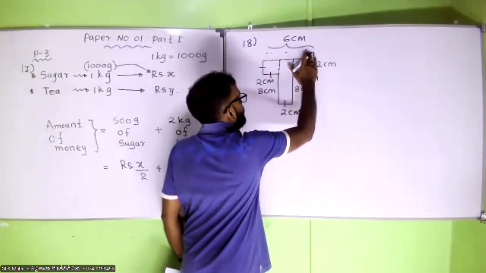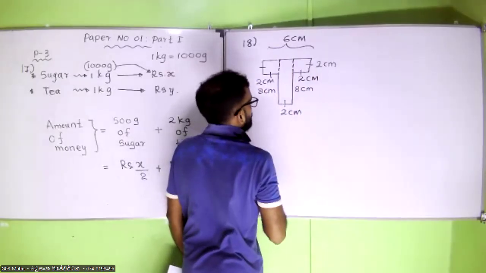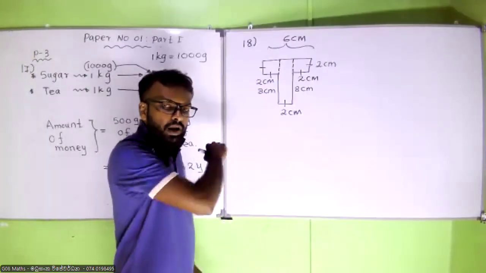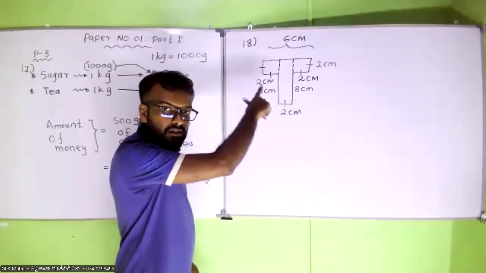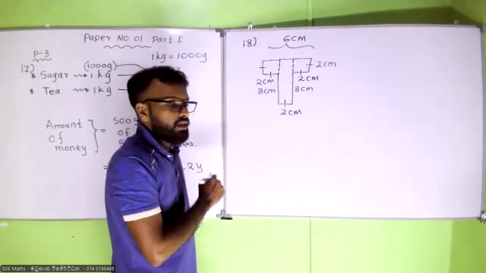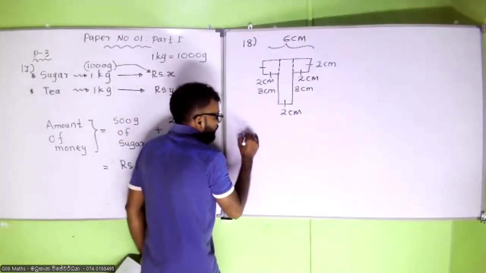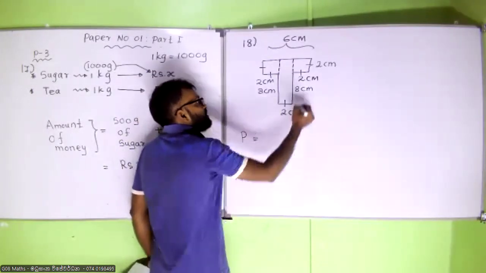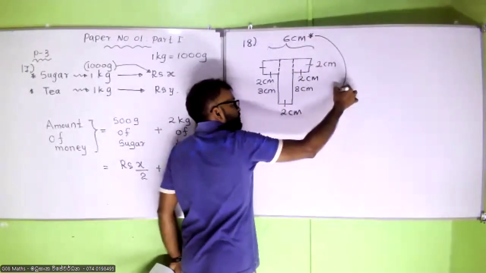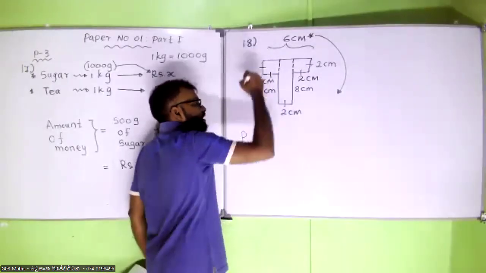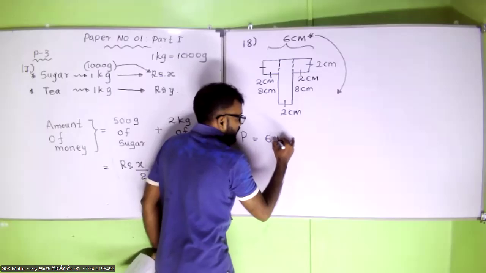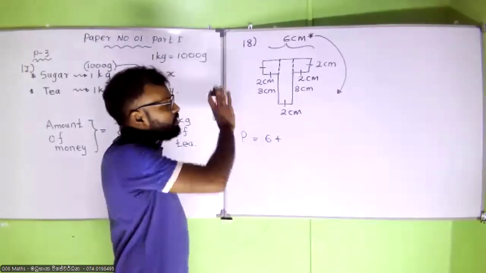We do not need these lengths now. So how do we find the perimeter of a figure? We need to add all the lengths around the figure, bounded by the figure. So perimeter P equals, I will start from 6 centimeters and go clockwise. 6 plus, I am not going to put centimeters because all the lengths are in centimeters.